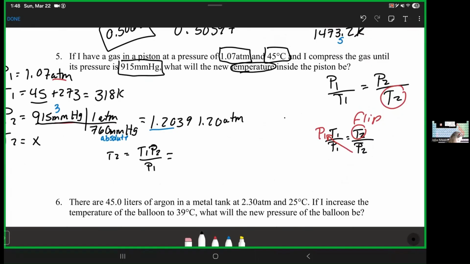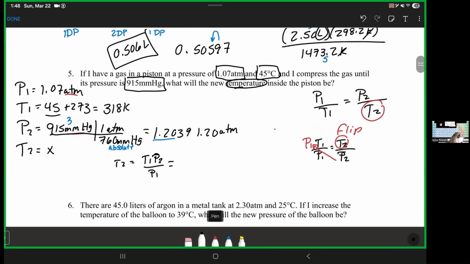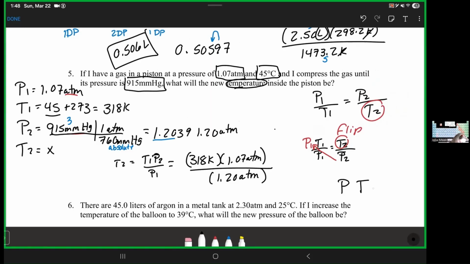Okay, so now I can just plug all those numbers in there since I'm in the correct units and ready to go. My first temperature, 318 K. My first pressure, 1.07 atm. My second pressure was the 1.20 atm. Okay. So just looking at this, from our concept of knowing that pressure and temperature are directly proportional, they're on opposite sides of the equal sign, directly proportional.